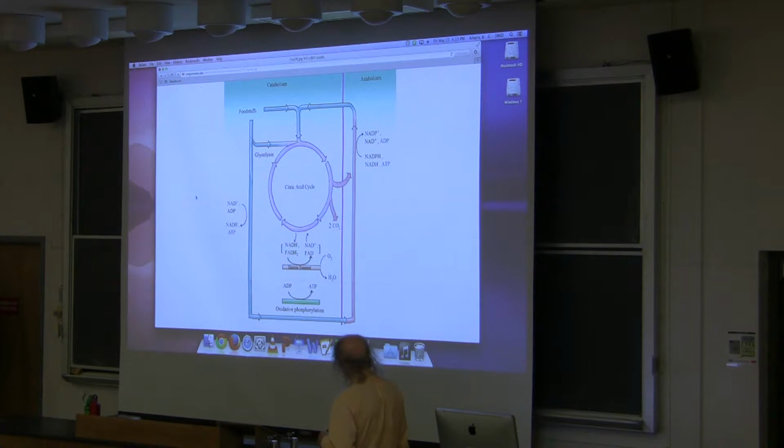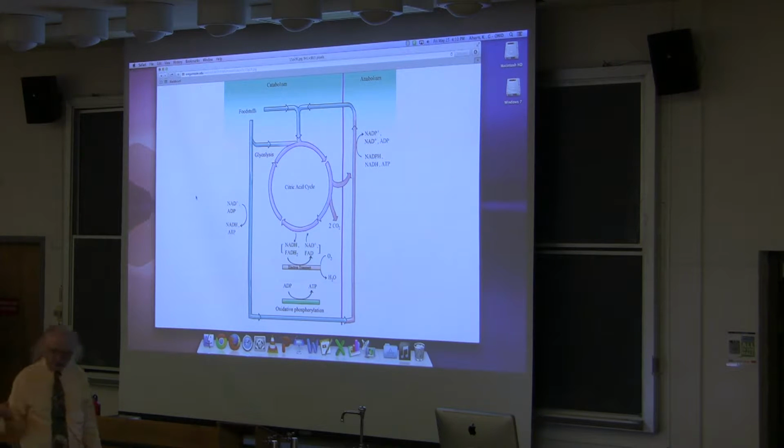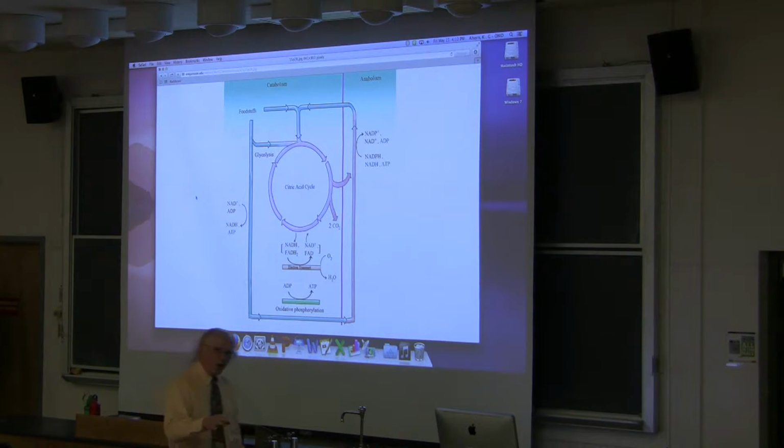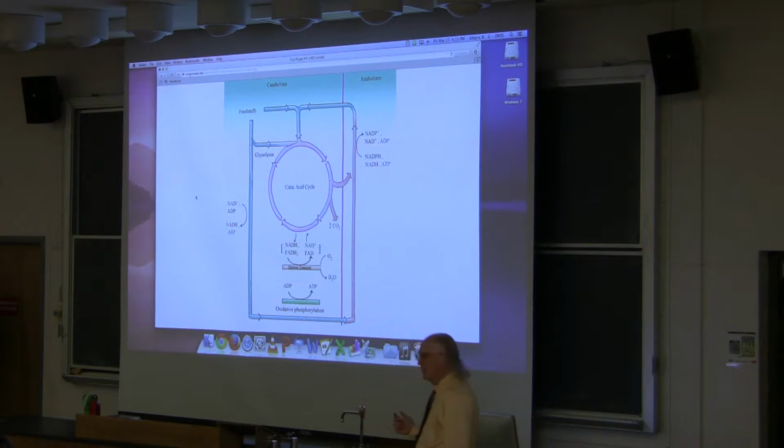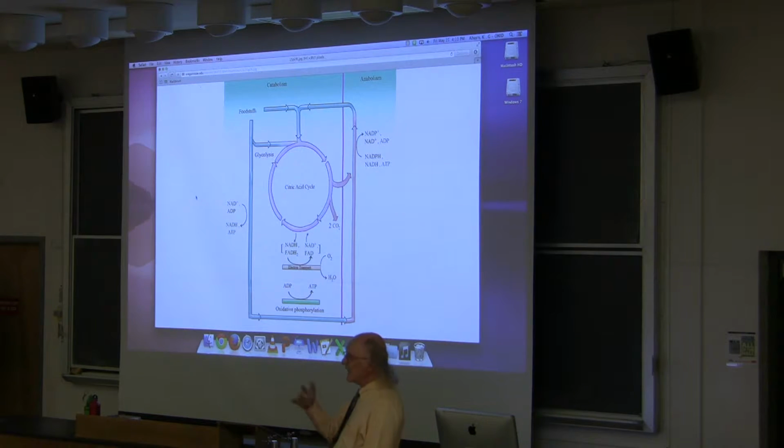One of the things that we'll talk about with respect to metabolism is the need to recycle electron carriers. This is a very important concept, the need to recycle electron carriers. Okay? Cells have limited amounts of electron carriers. So when we go from NAD to NADH, we can't just forget about it, because the more NADH we have, the less NAD we have.